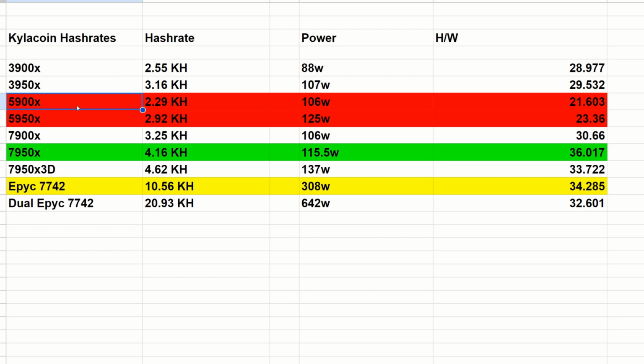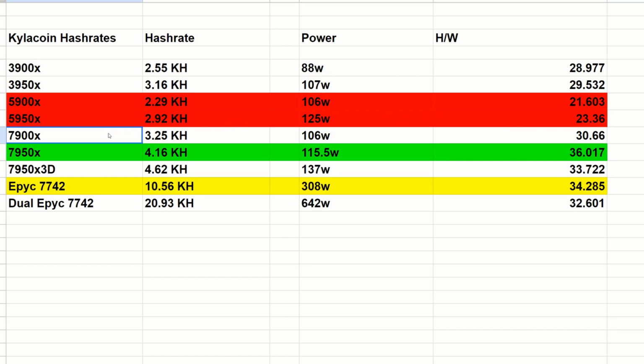The 3900X upwards to the 5900X is about the same amount of hash rate difference. And the same thing for the 3950X to the 5950X is about the same hash rate difference. It was around 600 hashes or so on the two differences here. And again, coming in at 125 watts at the wall for 23.36 hash to watt ratio.